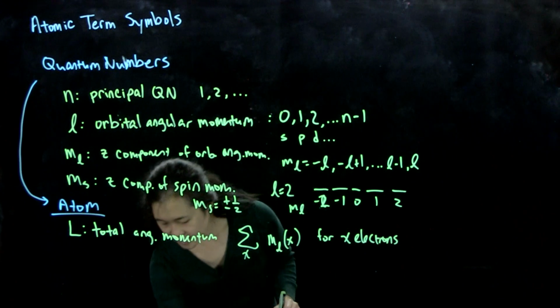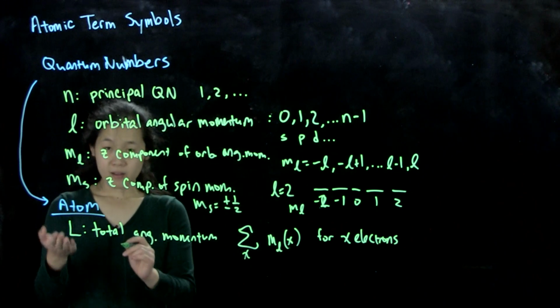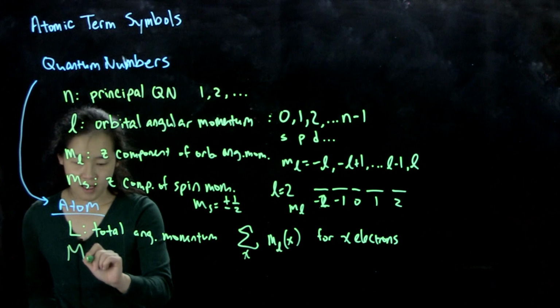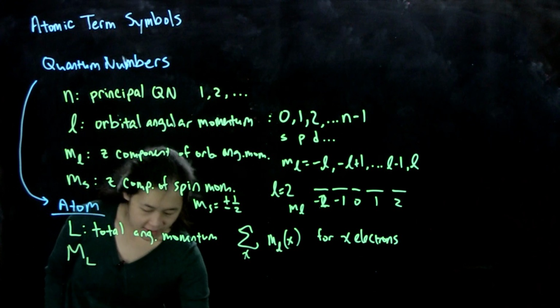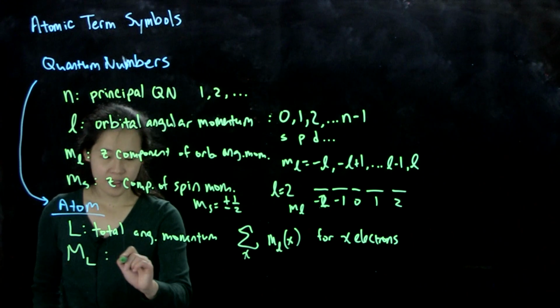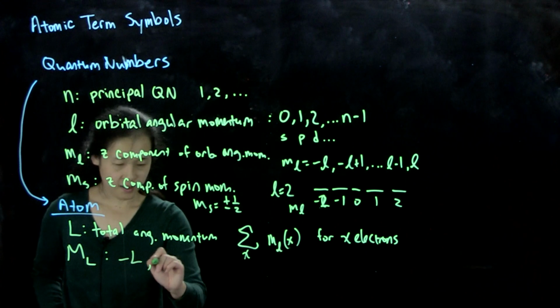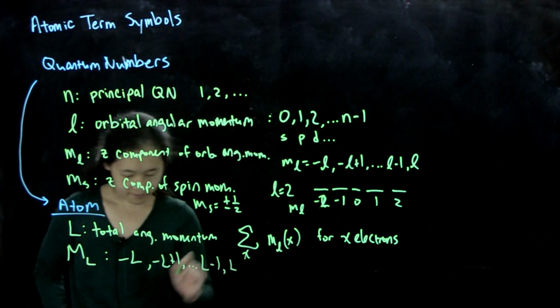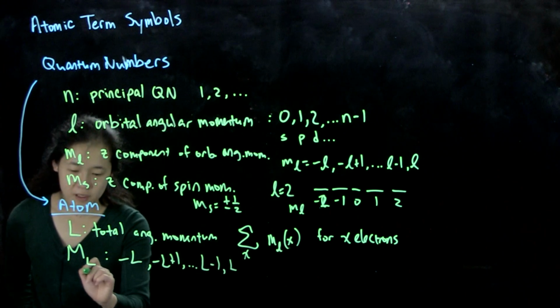Big L, the total over all electrons, has its own big M sub L, which again varies from negative L, negative L plus 1, to L minus 1, L.